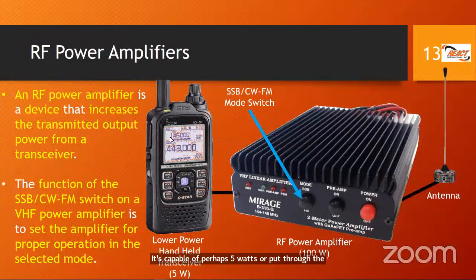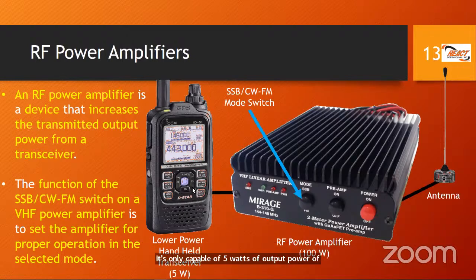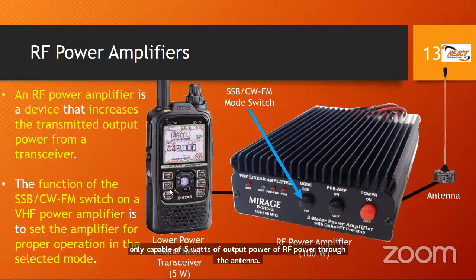And I'm using that, but I may have a base station antenna or I may have a mobile antenna, and I want to output more power on my handheld, and the handheld just simply cannot do that on its own. It's only capable of 5 watts of RF power through the antenna. Why? It's because it's very small, it's very compact. The battery there can only deliver that much power.